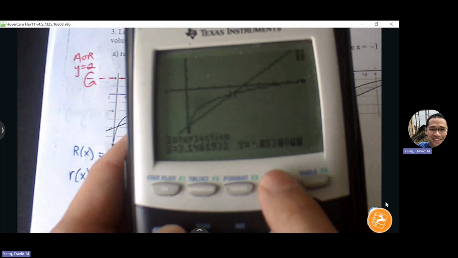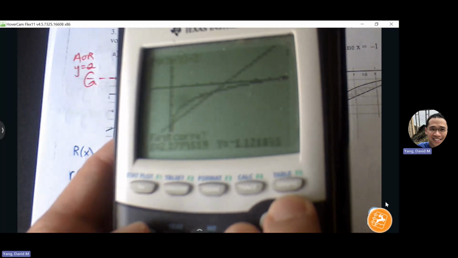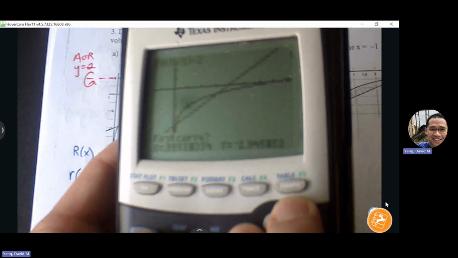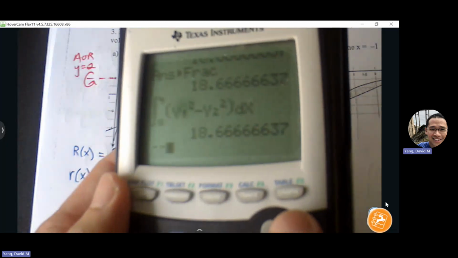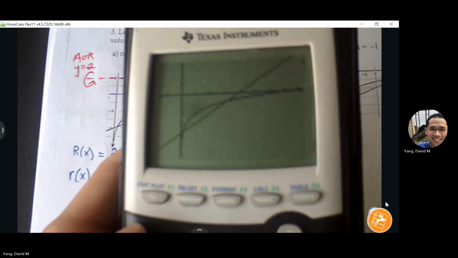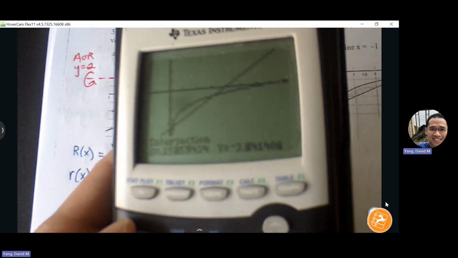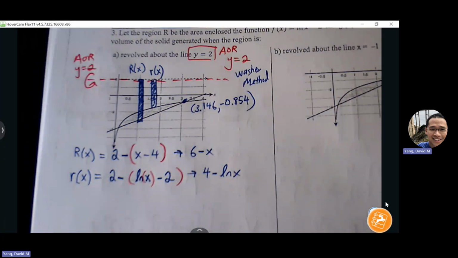Okay, I'll do a second trace intersect again. This time I'm picking points closer to my further left intersection. So hit enter, enter. Get 0.158 and negative 3.841.